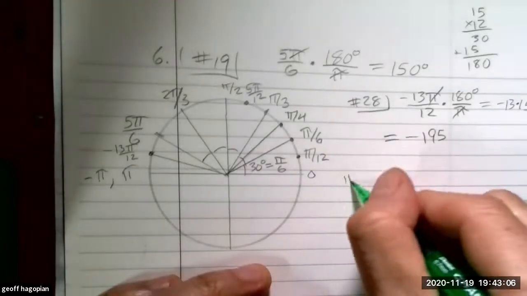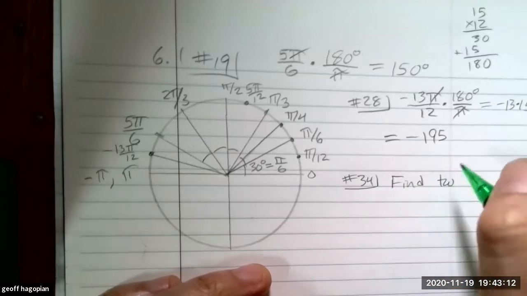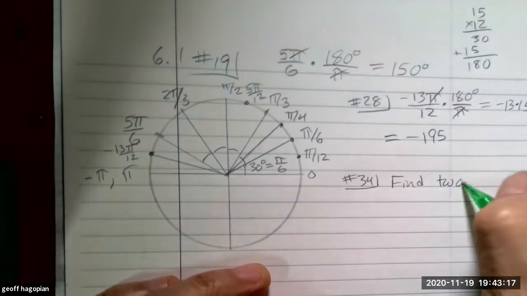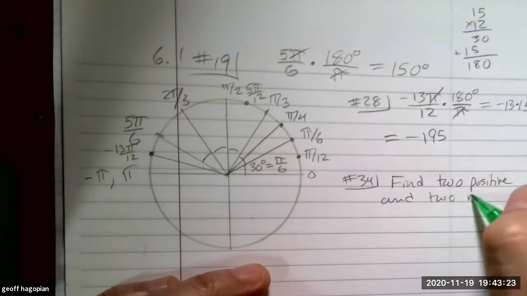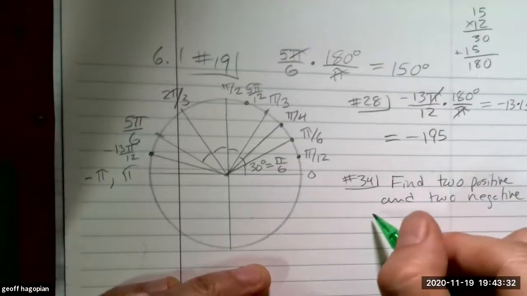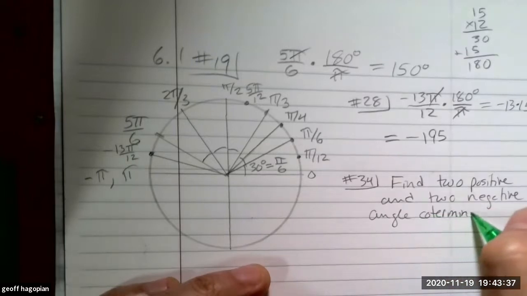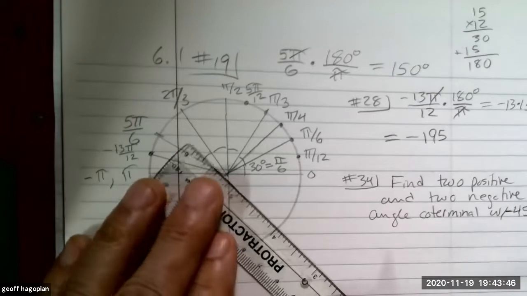So number 34 says, find 2 positive and two negative angles coterminal with a given angle. It's negative 45 degrees. So that's down here, huh?